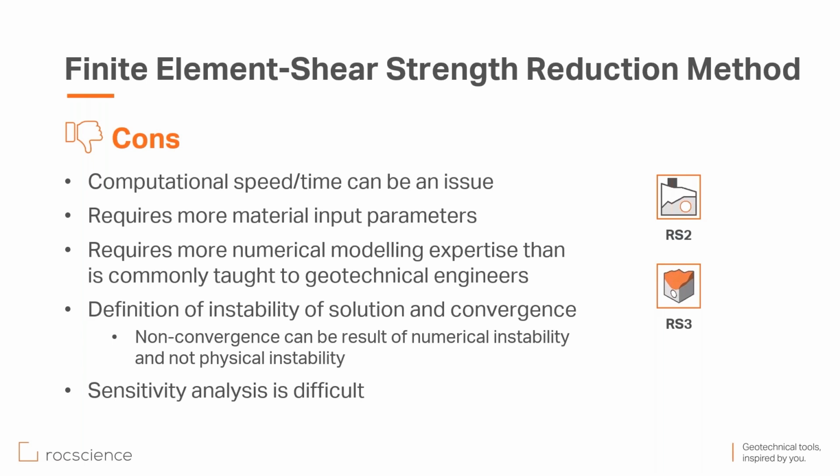Comparing finite element SSR with limit equilibrium, these are the cons for this method. Because we are running finite element analysis, it's going to take more time computationally to solve the problem, and we are required to define more material input parameters. Compared to limit equilibrium, at least we need the stiffness and Poisson's ratio to define the behavior of the material.